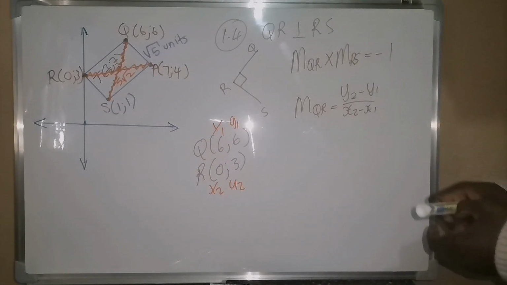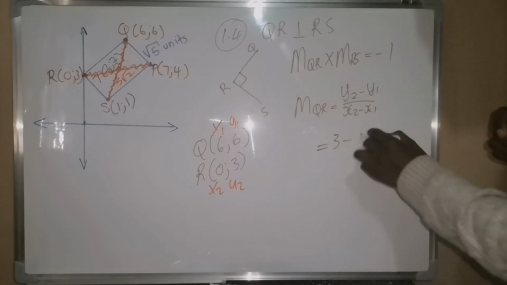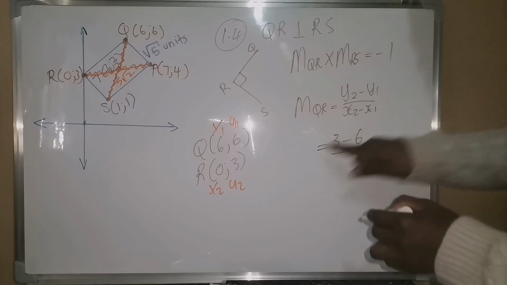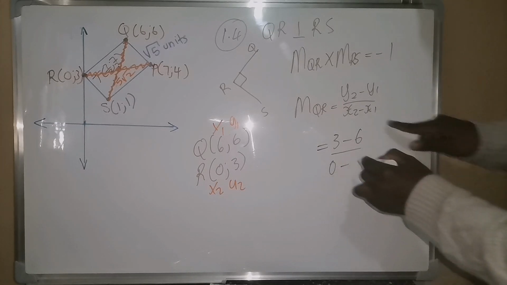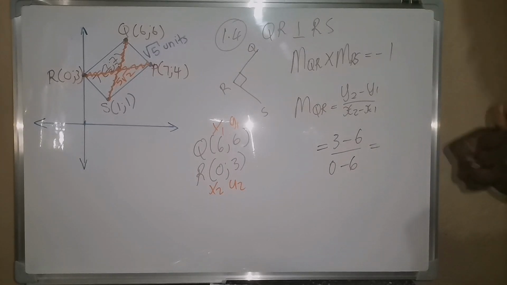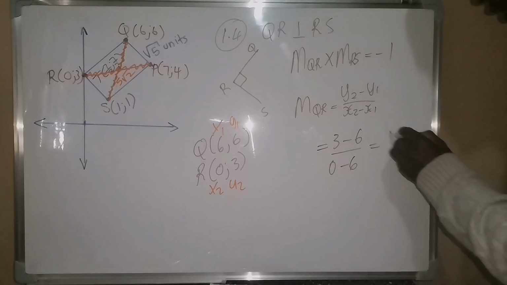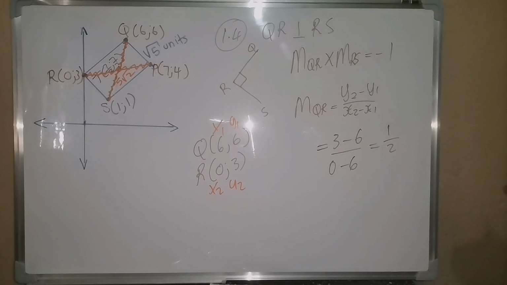What is our y2? 3. What is our y1? 6. What is our x2? 0. What is our x1? 6. Therefore, put it on a calculator, the answer is -3 over -6, which is 1 over 2.